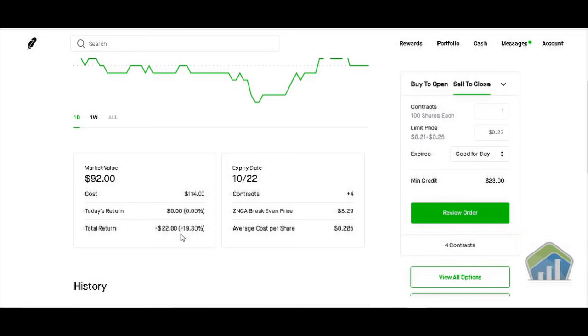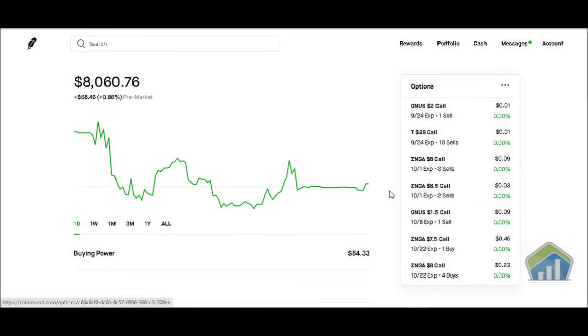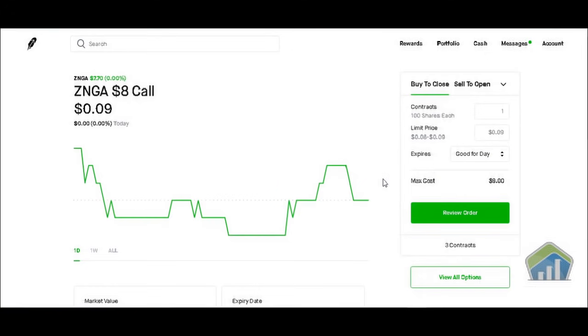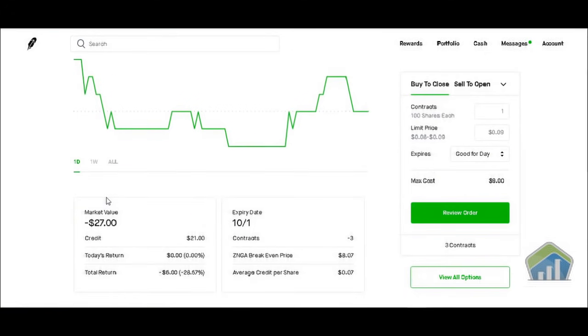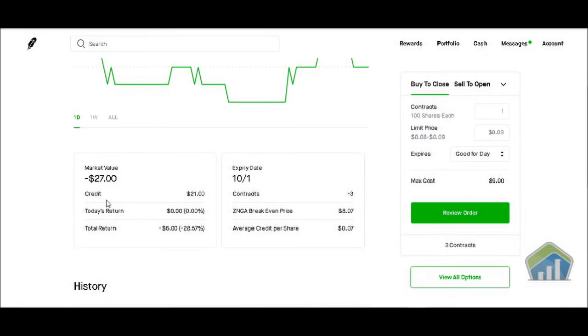We are down. But once again, just like with the other contracts, what we decided to do was go over here and put Zynga up for sale at $8, and we did it into next week, right? So we said, hey, we're willing to sell at $8, and what they gave us was 7 cents per share, right?